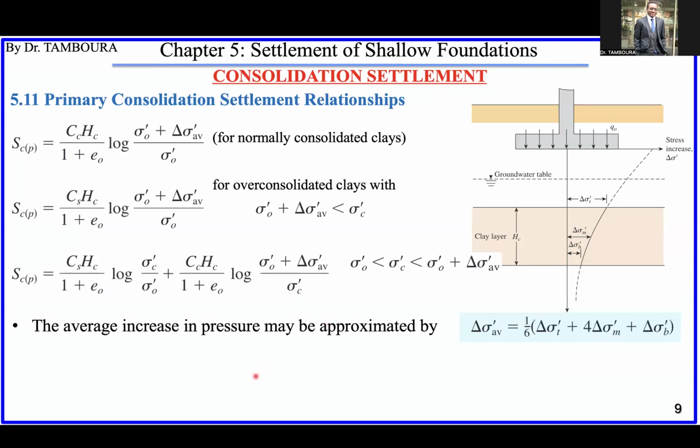So about now the average increase in pressure. This one, you can see it here. Because as you know, the increase in pressure, for example, this line, the increase in the stress is not uniform.